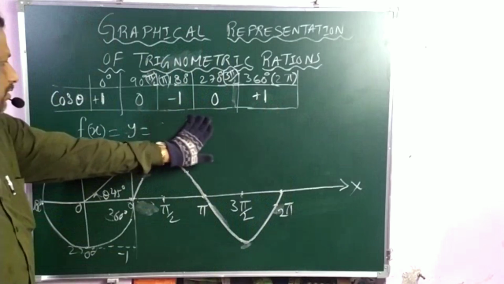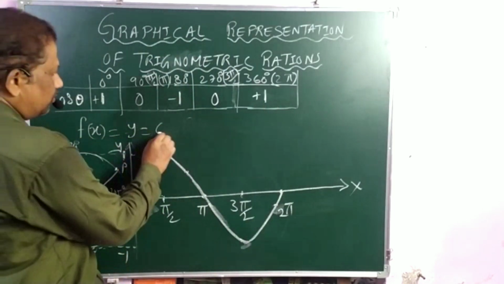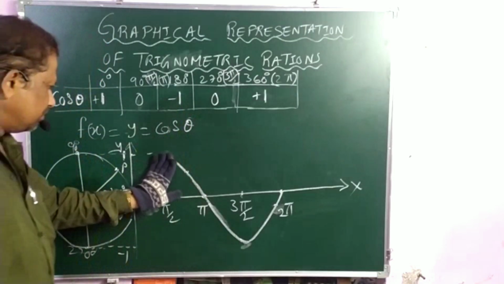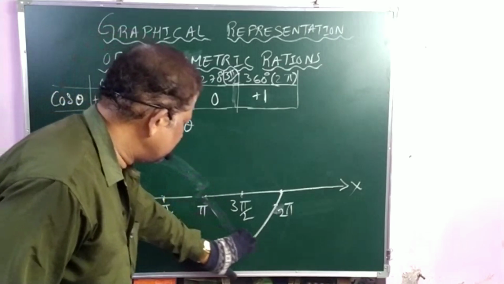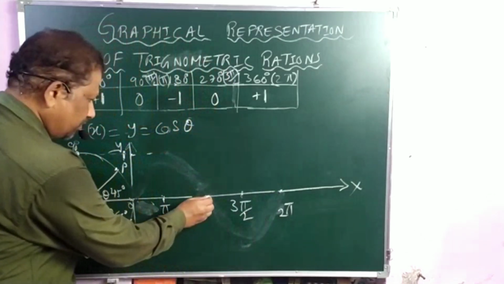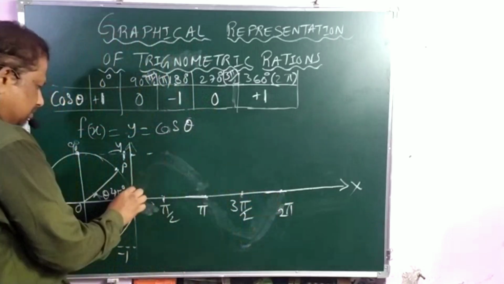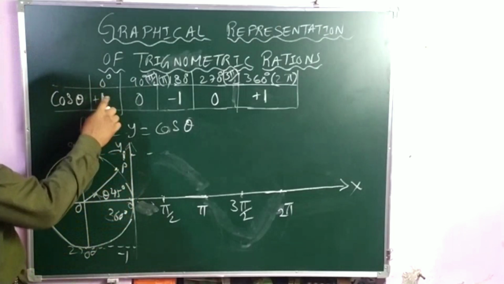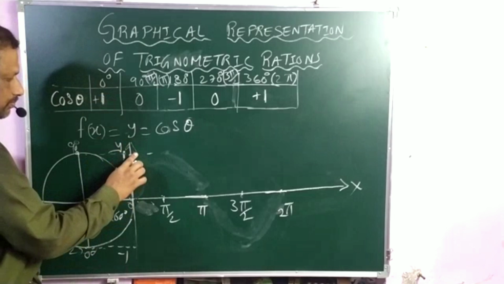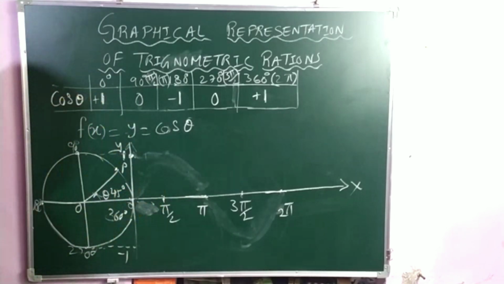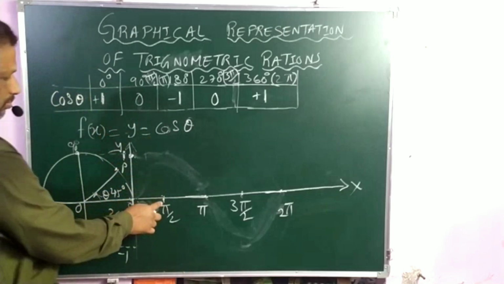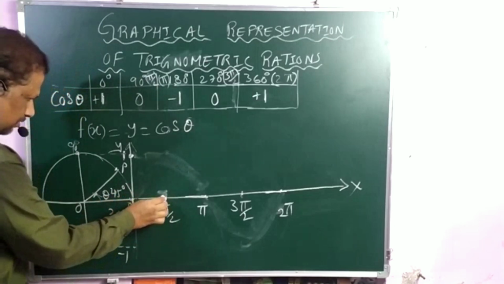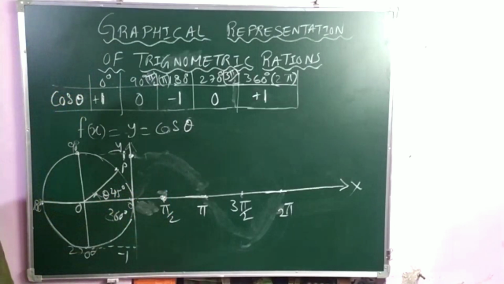So now this function f of x is equal to y is equal to cos theta. If you take the cos function on the graph, carefully observe how it comes. First, cos 0 degrees. What is the value? Plus 1. Here it starts at 1. Next, cos 90 degrees, pi by 2, is 0.